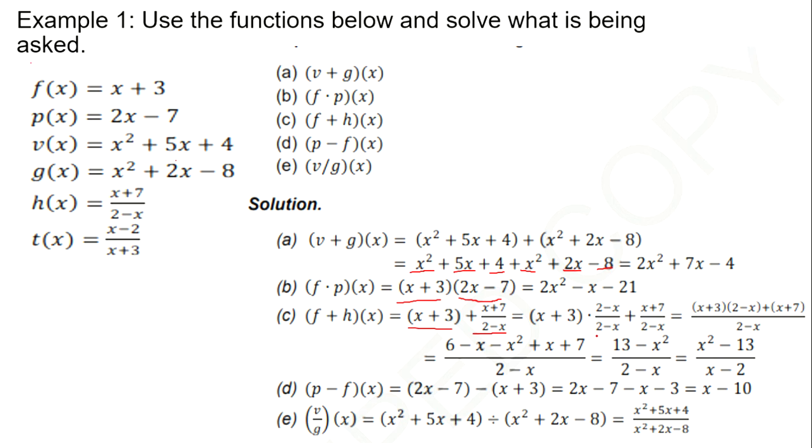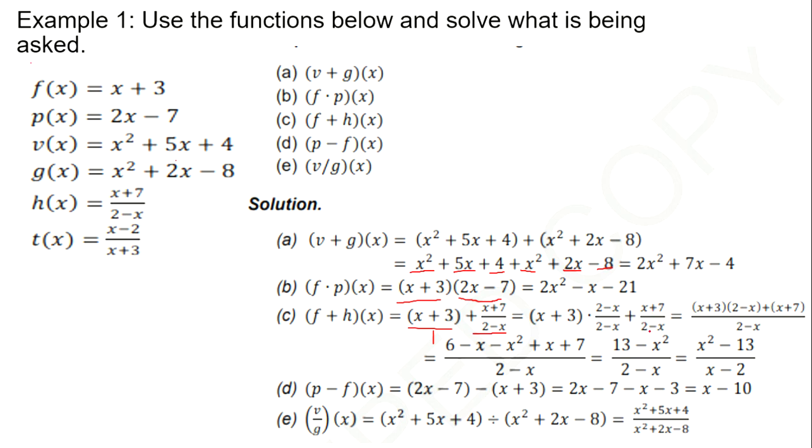So 2 minus x divided by 1 is 2 minus x, times x plus 3. So the value is x plus 3 times 2 minus x. For the second term, 2 minus x divided by 2 minus x is 1, times the quantity x plus 7.